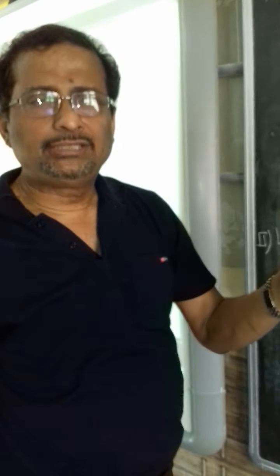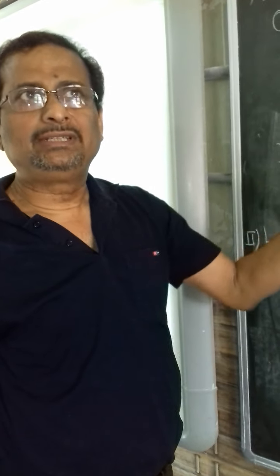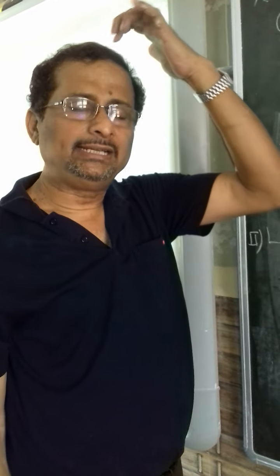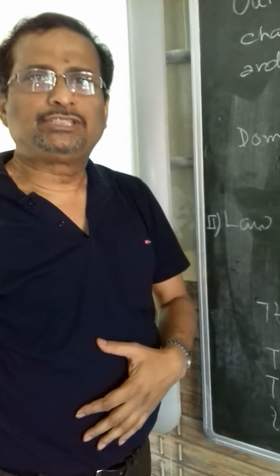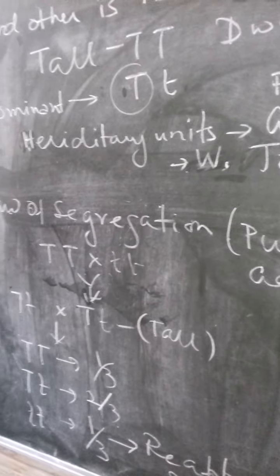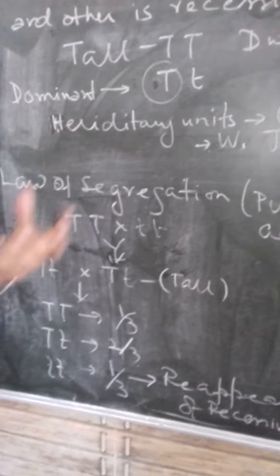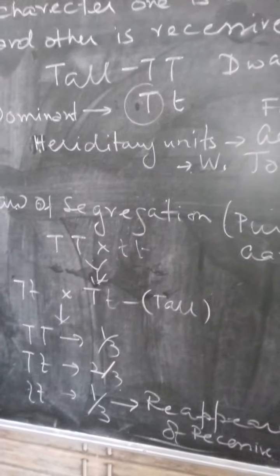If there is a linkage, a complete linkage or an incomplete linkage, we don't get this, and that we study in the intragenic expressions, which do not comply with Mendel's law of dominance, neither comply with the law of segregation and independent assortment.